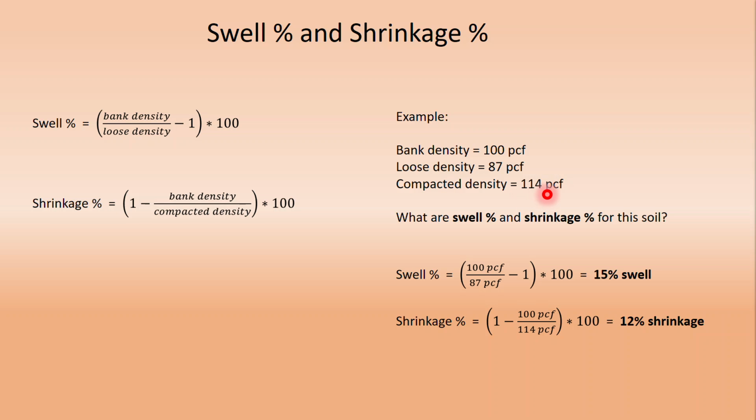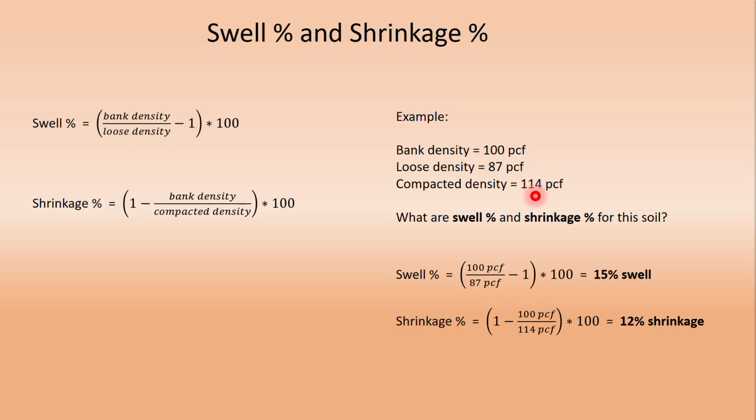We did that through the Proctor test, and then we went out and measured it in the ground. And that was kind of an in situ, or maybe a compacted, if that soil has been compacted intentionally, condition. And these are approximately the numbers you're going to deal with when you're dealing with compacted soil.